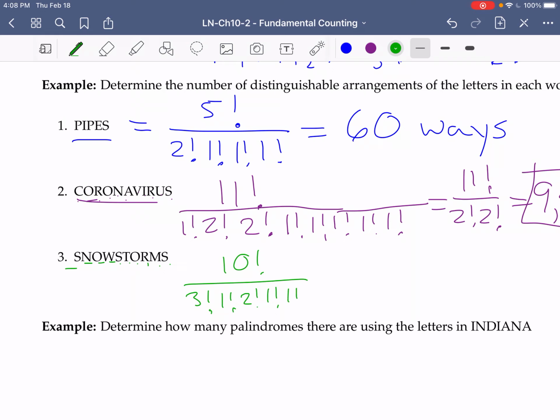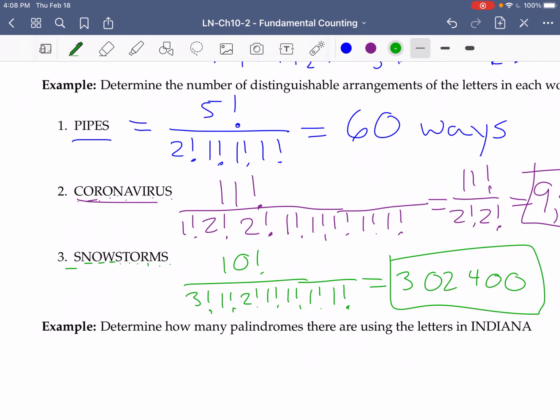We have 1 T, 1 R, and 1 M. So we have 10 factorial divided by 3 factorial times 1 factorial times 2 factorial times 1 factorial, and so on. If we take 10 factorial and divide by 3 factorial times 2 factorial, we are left with 302,400. Excellent.